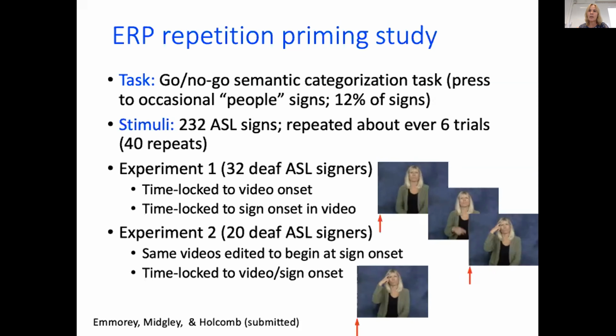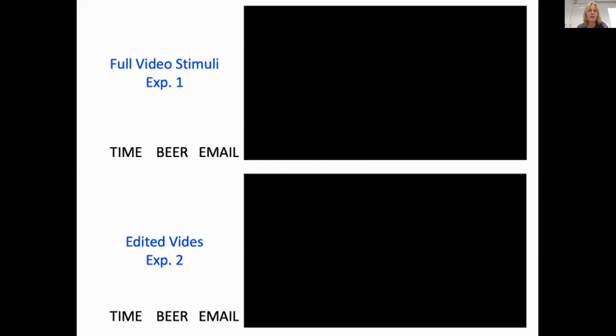In the second experiment, we edited those same sign videos so that the sign onset and the video onset coincided. They were the same. So we essentially excised that transitional movement. We wanted to see how this changes the time course of sign recognition, or the brain responses, I should say. Just to give you an example, I can show you the full videos.